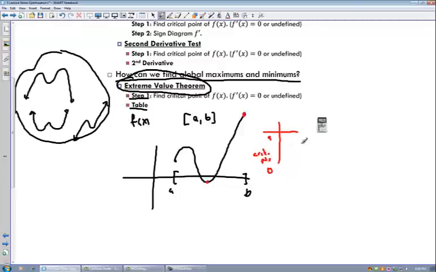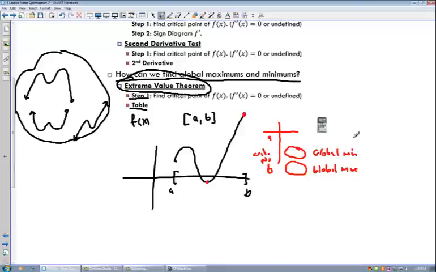And over here, then we can figure out, like in this case, this height was the global max, whatever number that might be. And then the global min wouldn't occur at a, it'd occur at the critical point. So this would be then the global min, whatever number that turns out to be.